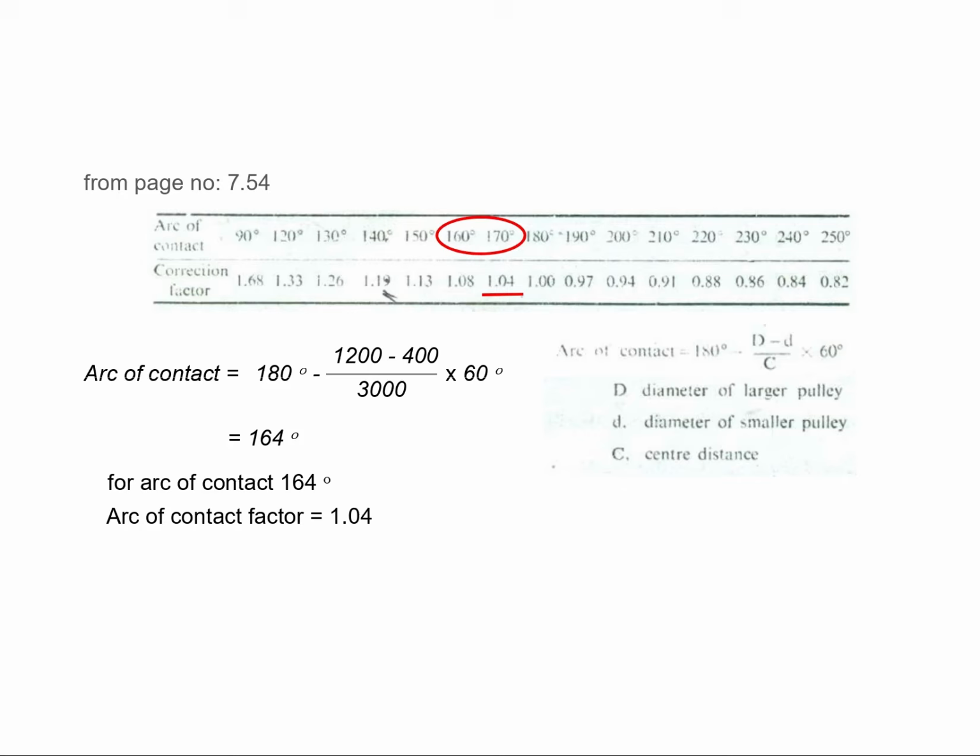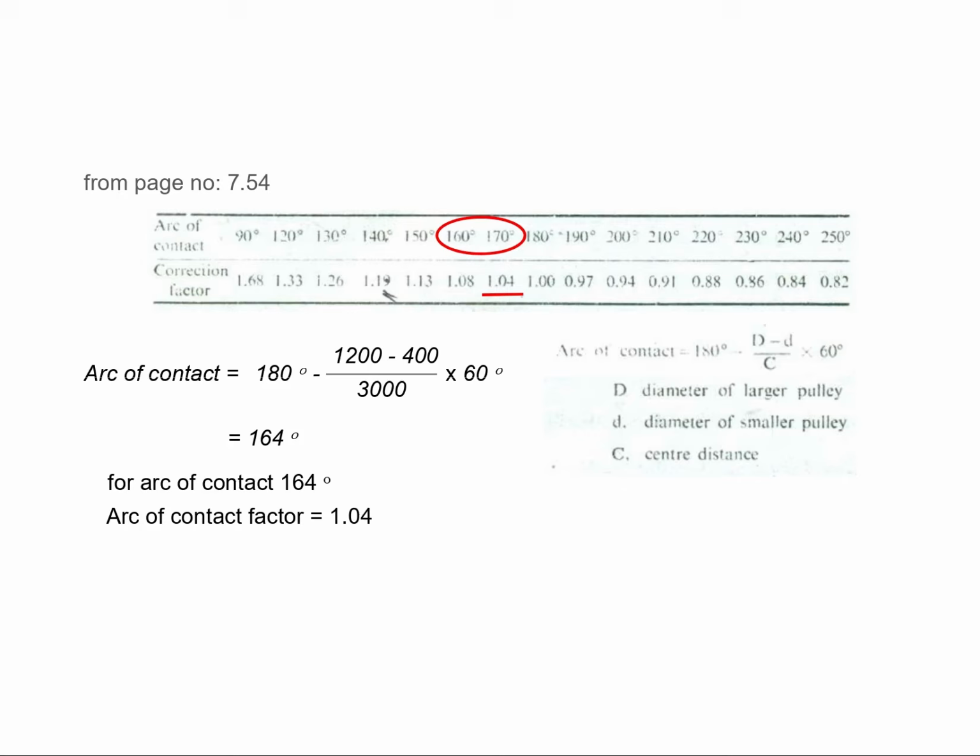Page number 7.54, arc of contact factor is given. For our case, arc of contact equal to 180 degree minus 1200 minus 400 upon 3000 into 60 degree. So arc of contact equal to 164 degree.